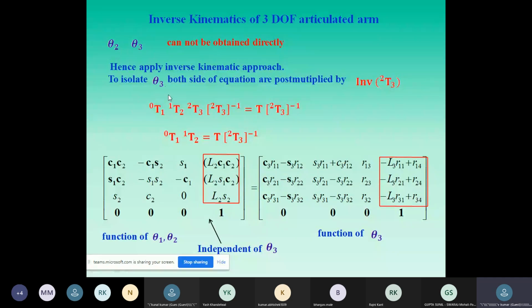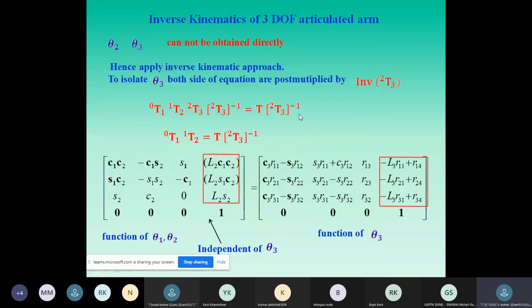To isolate theta 3, on both sides of the equation you apply the inverse of T3. That means multiplying both sides of the equation with the inverse of 2T3.